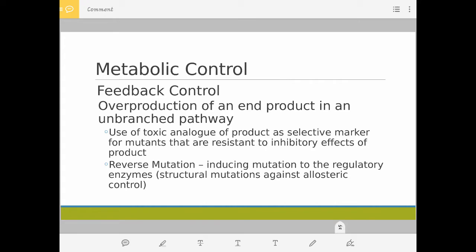As I said, the deliberate destruction of the enzyme by mutation is more technologically and labor intensive, because first you need to know the specific enzyme you're going to target.